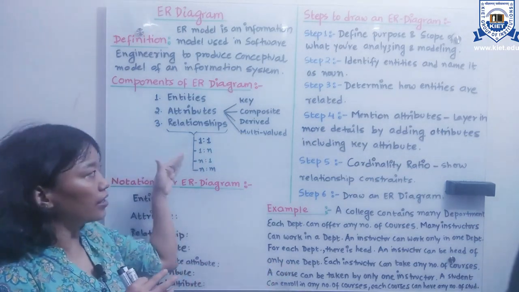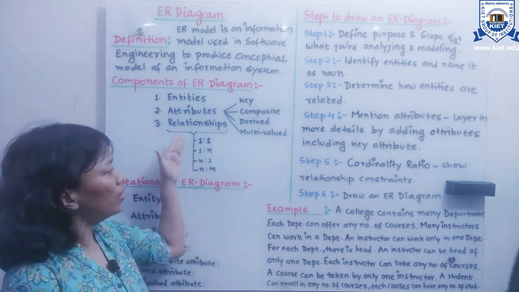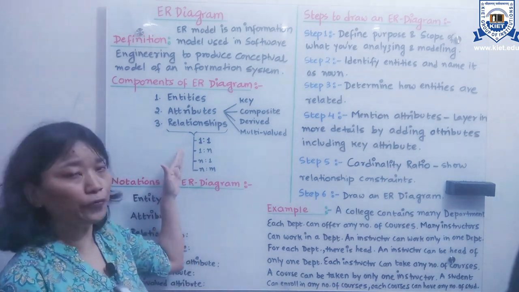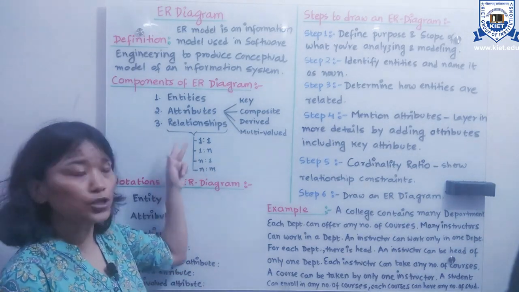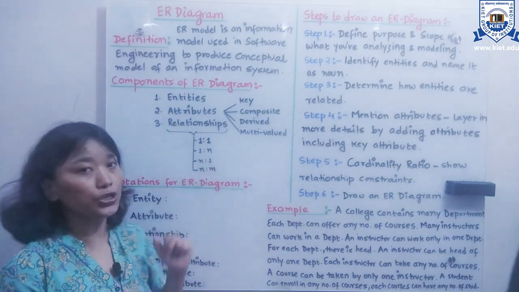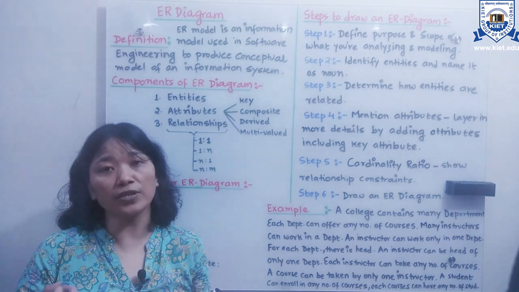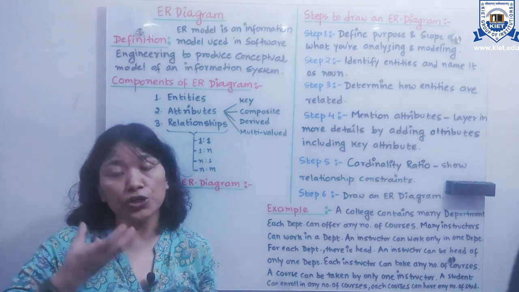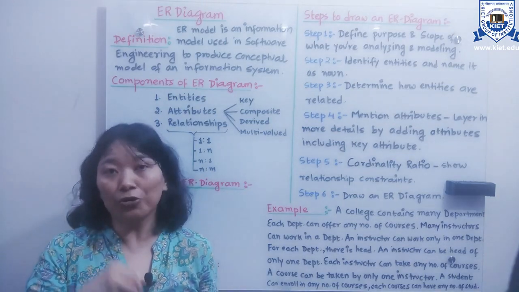But here I identify them on the basis of cardinality ratio. There are four types of cardinality ratios in any relationship: 1:1, 1:n, n:1, and n:m. Generally these ratios define the number of entities that participate in a relationship.